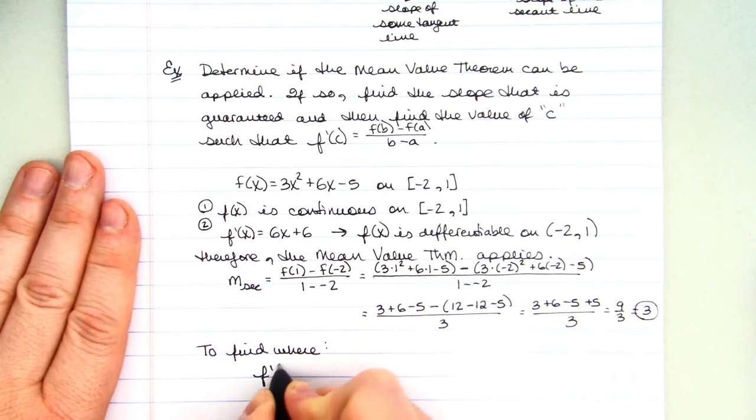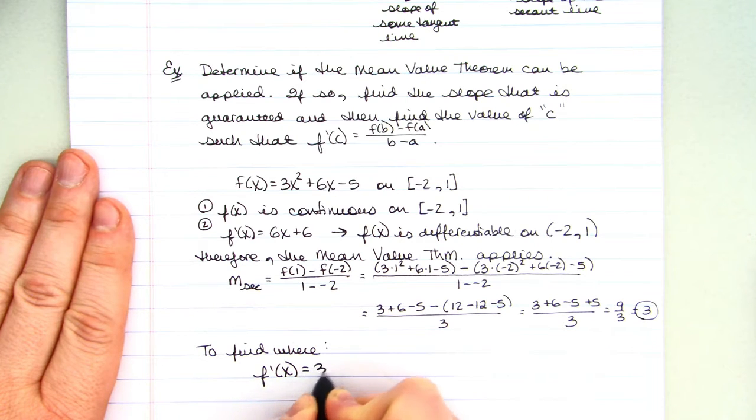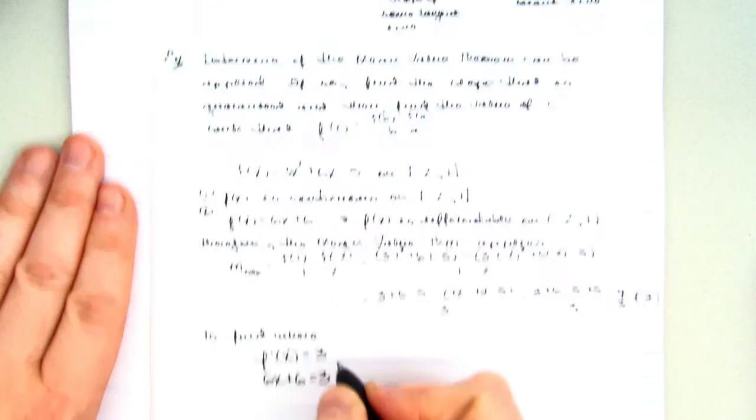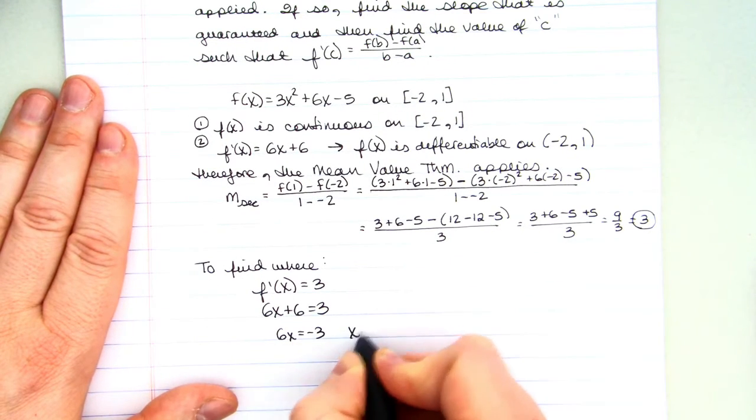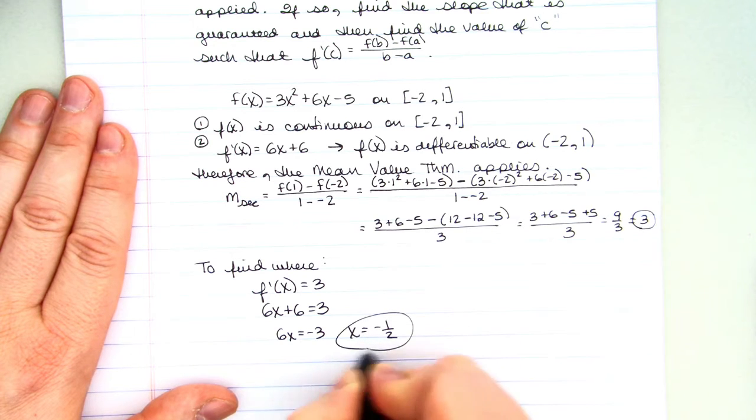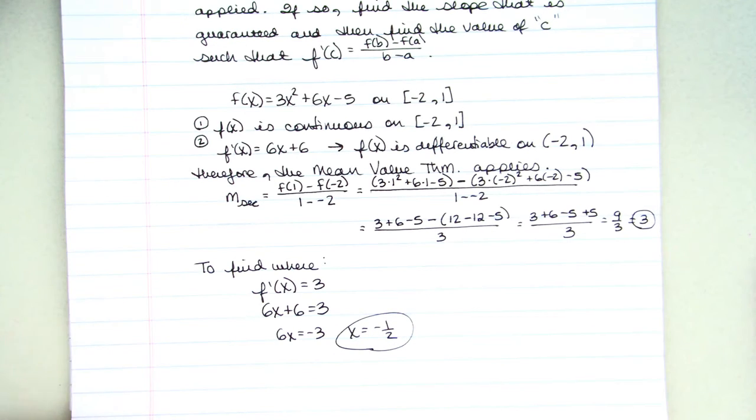I'm going to say f prime of x equals 3, 6x plus 6 equals 3, 6x equals -3, x equals -1/2. When x equals -1/2, the slope of the tangent line will equal the slope of the secant line.